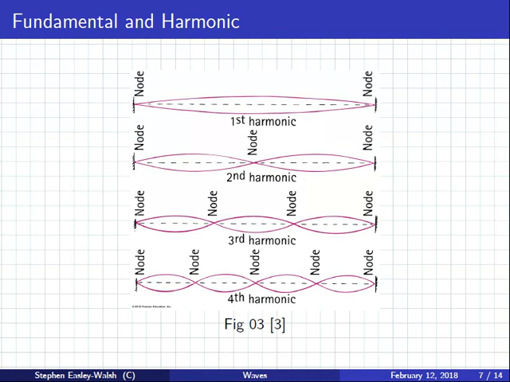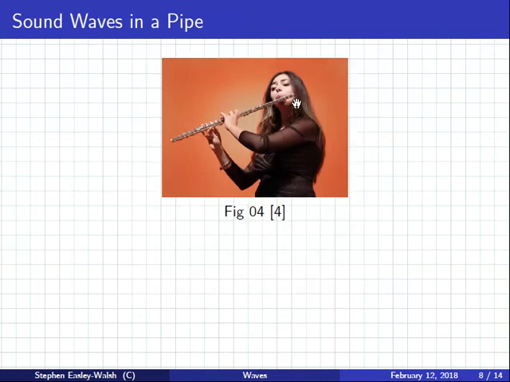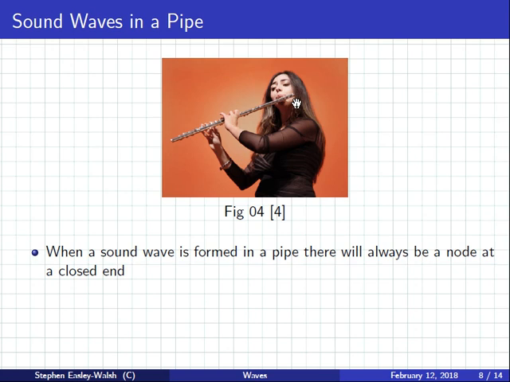So in these particular pictures, there's a node at either end. Left and the right, there's a node. Now, we can have sound waves in pipes and musical instruments like this here. When we have a sound wave in a pipe like this, there'll always be a node at the closed end, and closed has the same meaning that you think it would, and then there's an antinode at the open end.